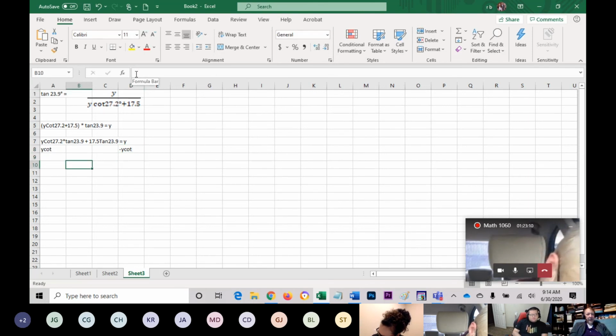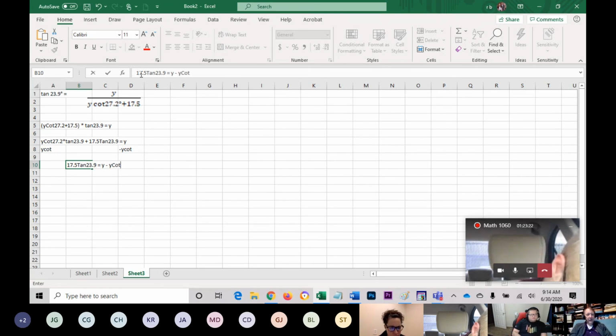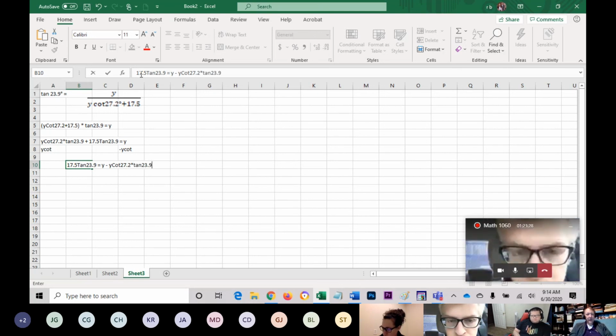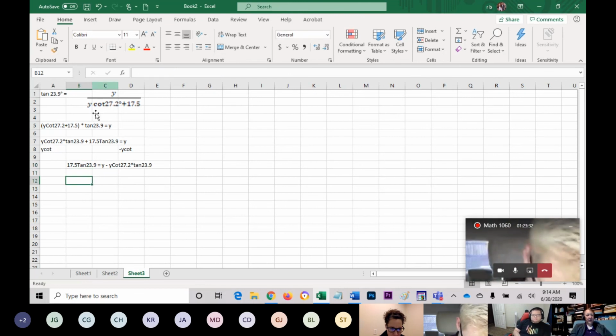So essentially this is going to leave me with 17.5 times the tangent of 23.9 equals y minus y cotangent 27.2 times tangent of 23.9. Okay. Remember, on the left side of the equals, this is just a number, right? So whatever the number is.